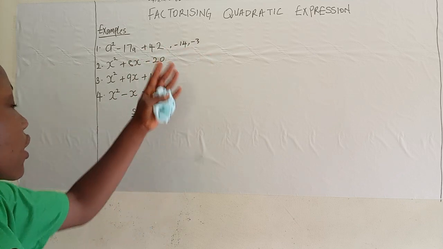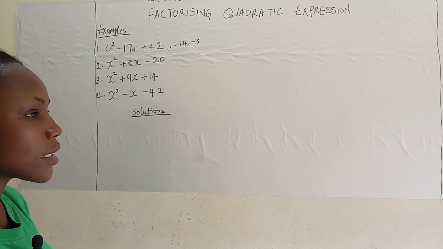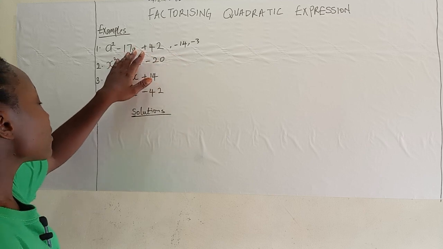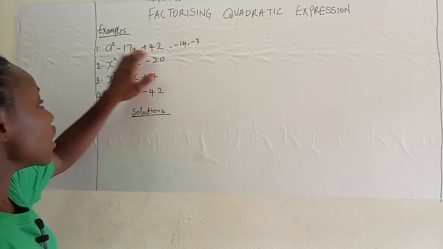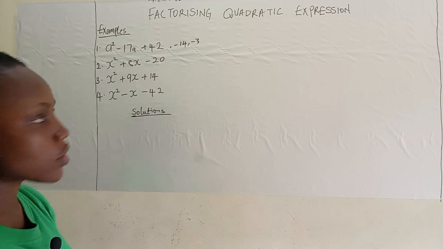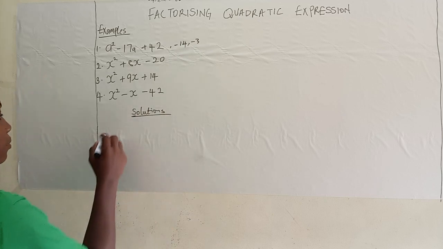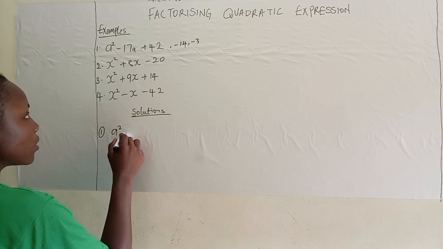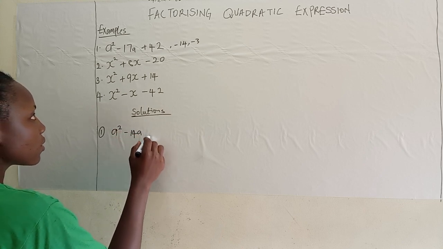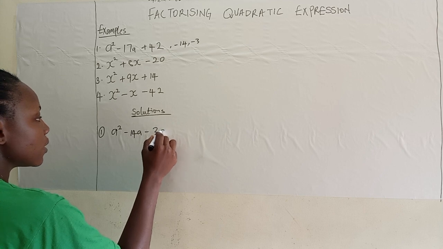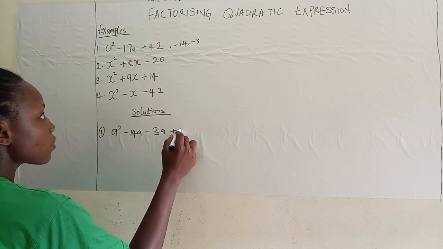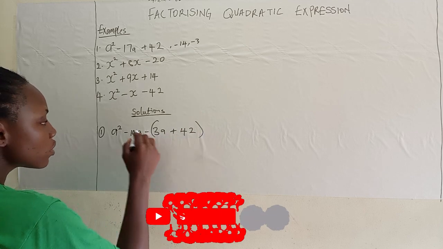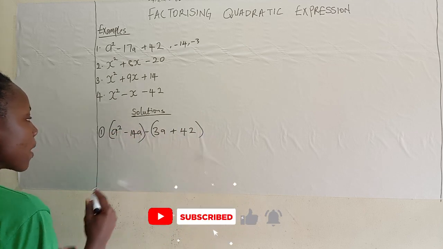Once we have gotten the two factors, the next thing is to substitute 17a with these factors. So we are going to have a squared minus 14a minus 3a plus 42. So we group them.